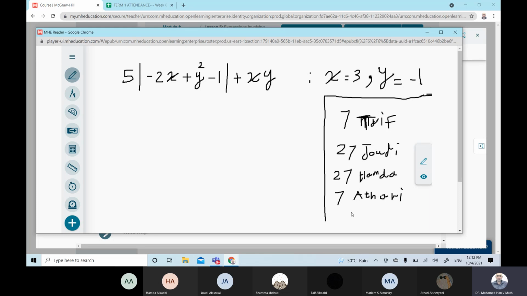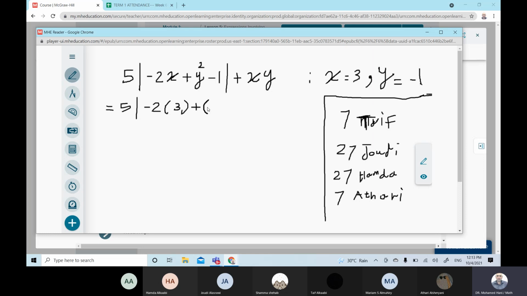Okay, check with me, please. We have here 5 multiplied by the absolute value. So substitution now. We have minus 2 times the value of x. The value of x, as you see, will be 3, plus y squared.